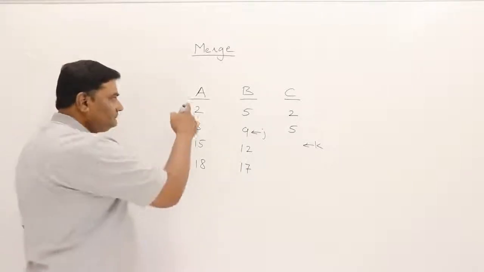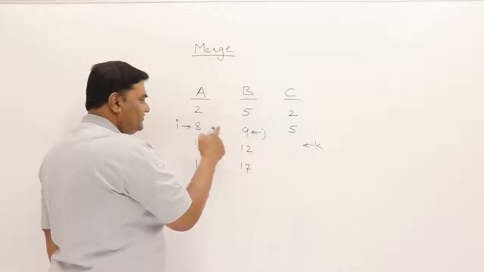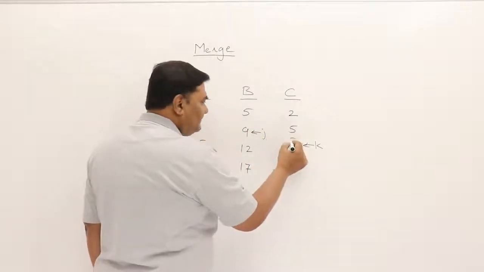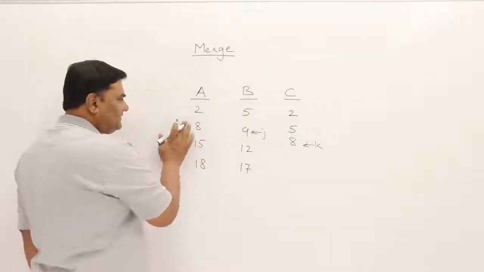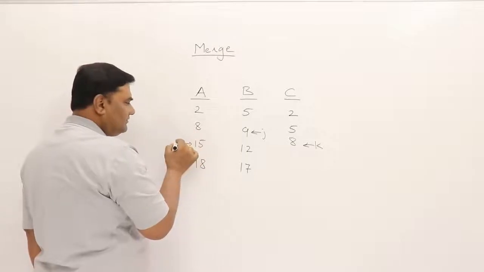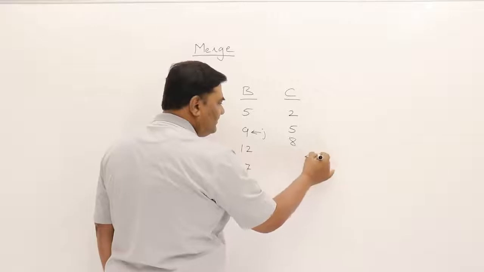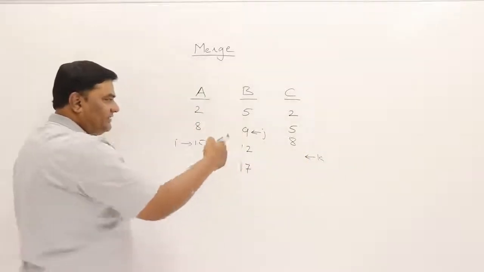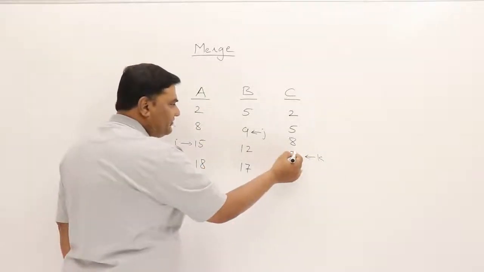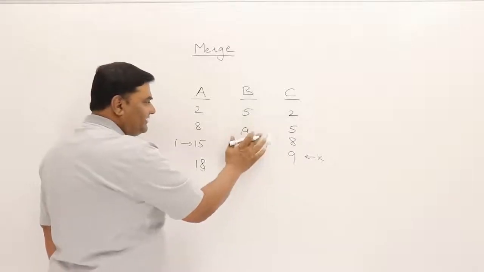Continue. A of I with B of J, 8 is smaller, copy this one. Then move to next, and move K also to the next. In the same way, if I continue now, 9 is smaller, 9 is copied, then it will move to the next one.